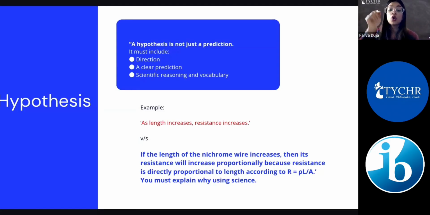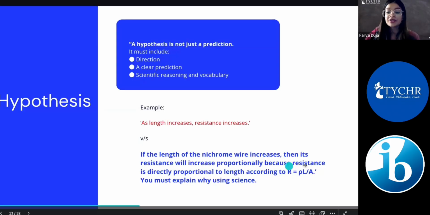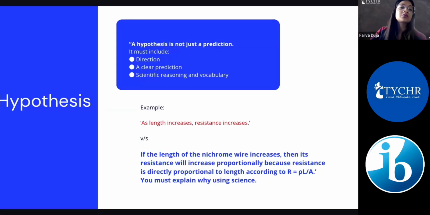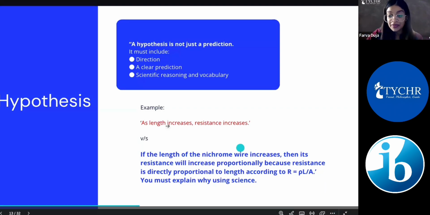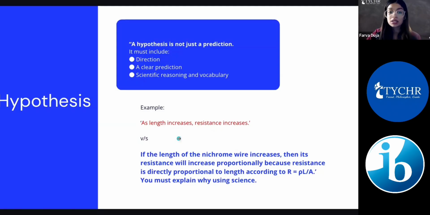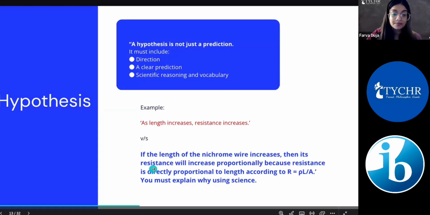Because here, according to this particular formula, or according to this particular theory, or according to this particular scientist, you should have that. Without it, see, as length increases, resistance increases. Is that correct? Yes. That's a 3 or a 4. That's not a 7 or an 8. Why? Because it's lacking scientific reasoning. Cool?